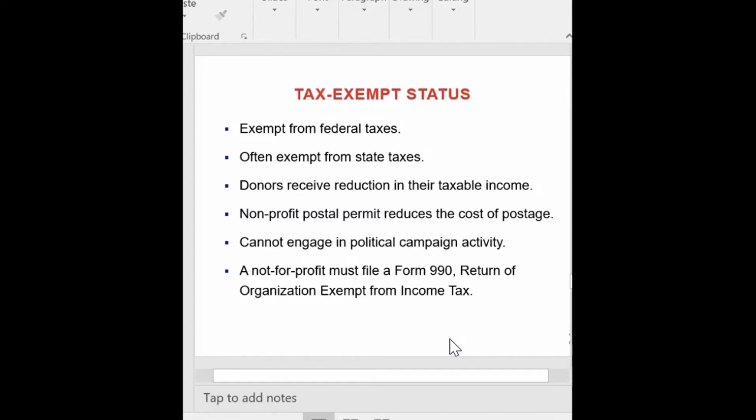And donors always get reductions in their taxable income for the amounts they give as donations. Another condition is that not-for-profit entities cannot engage in political campaign activity, but some lobbying is allowed, and they must file Form 990.